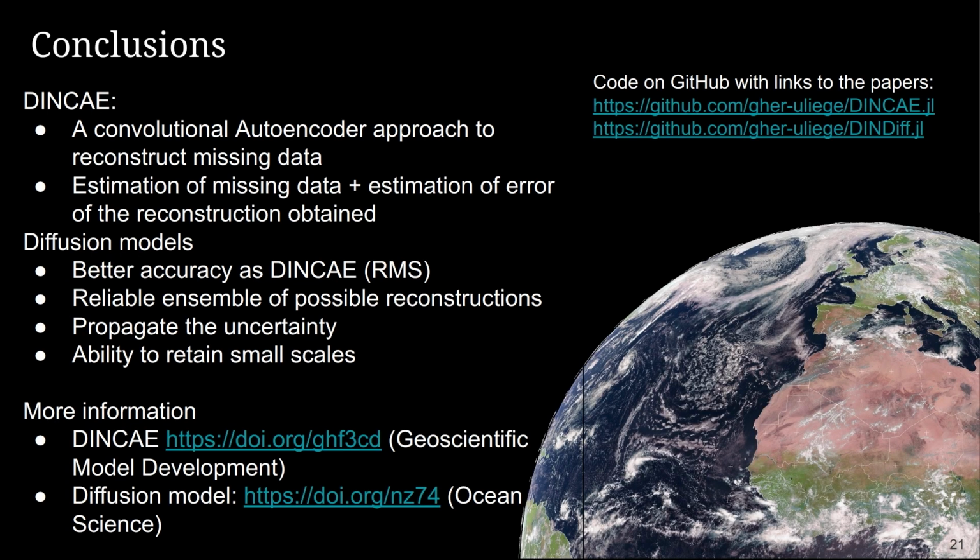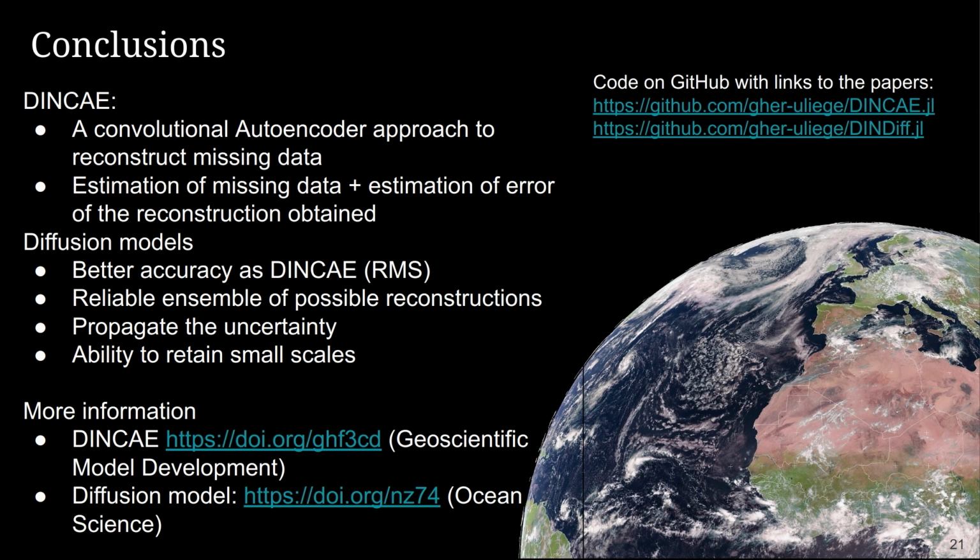And the diffusion model actually gives a better accuracy than DINCAE, and it also gives a reliable ensemble, which is also statistically reliable. This was quite interesting to see, that you can actually trust the different ensemble members that are produced, and this is quite important in order to propagate uncertainty.